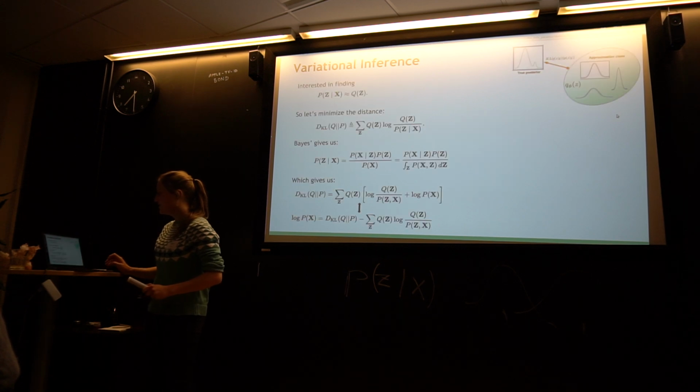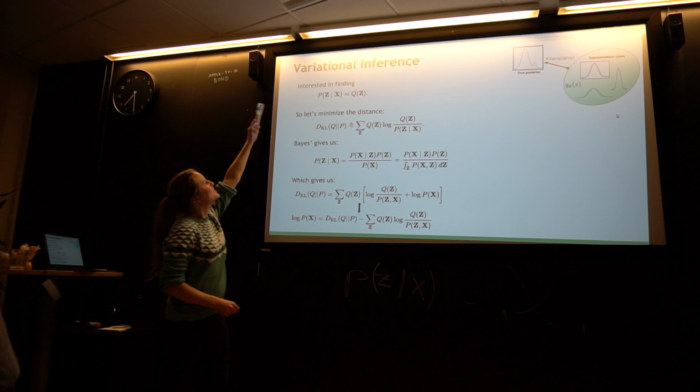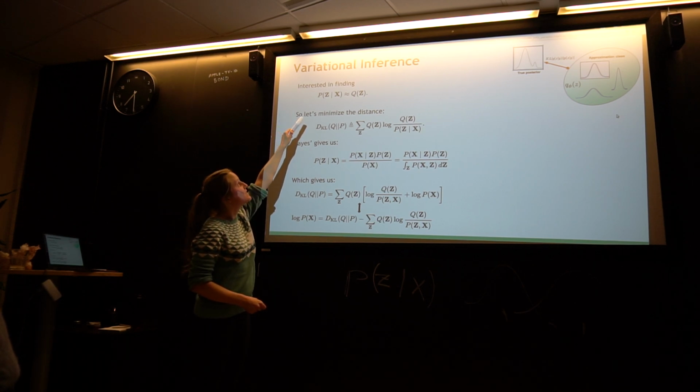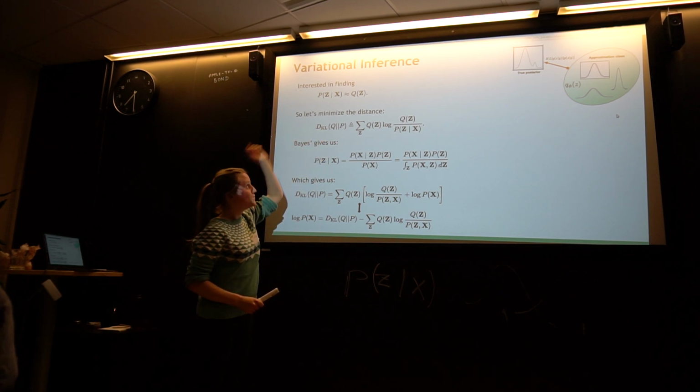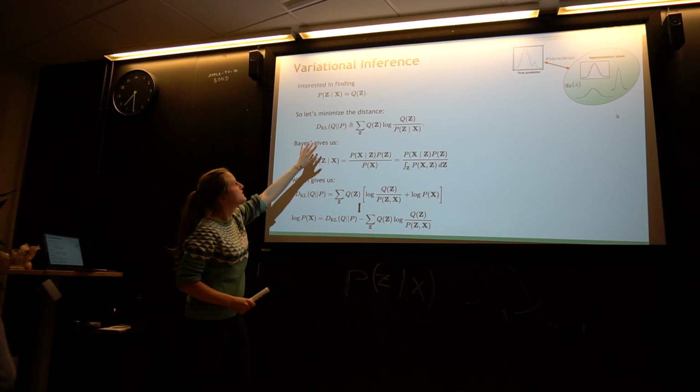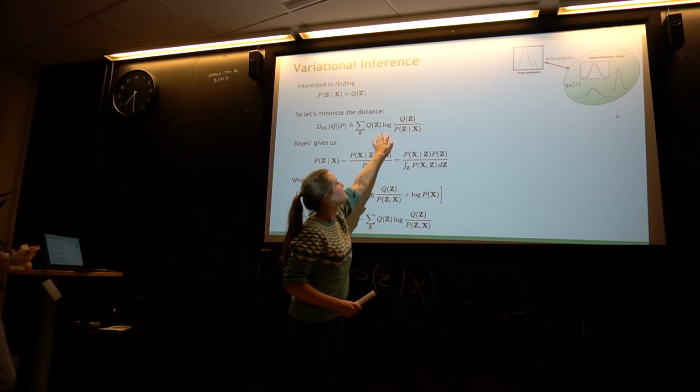Right, okay. So, I would need a pointer. We're interested in finding the posterior up there and want to approximate it by a very simple distribution, which is our q. So what we really want to do is to minimize this KL divergence that I was talking about before, which has this form.